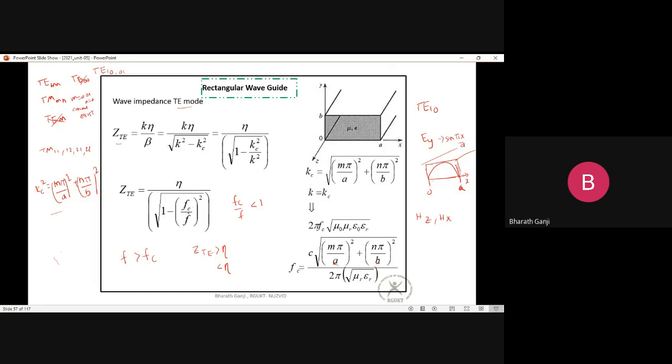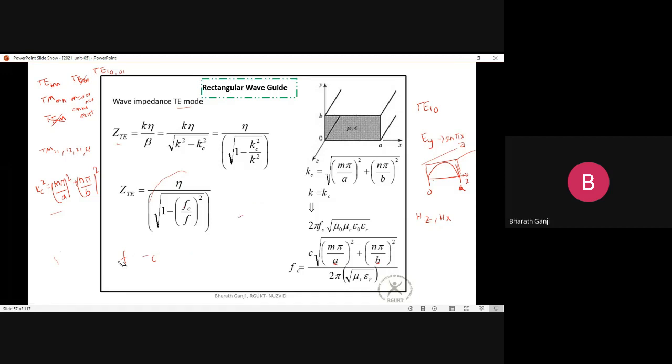So you have 1 minus square of something. So this number is again less than 1. So you have a number which is less than 1 in the denominator. So overall I can say that this whole number will be greater than eta, right?